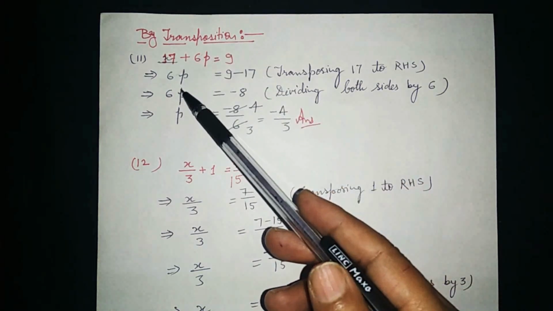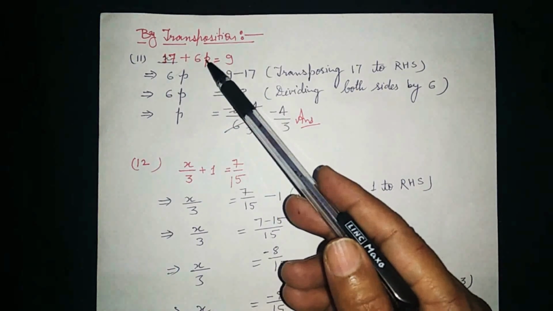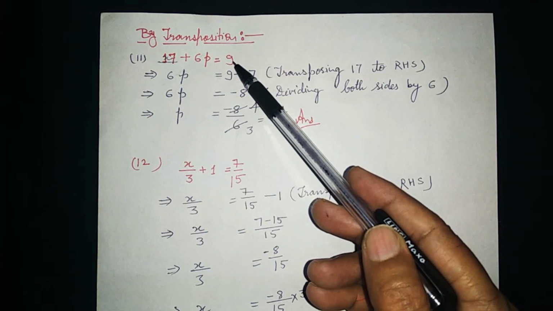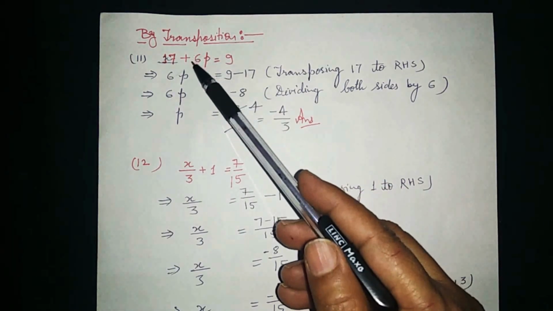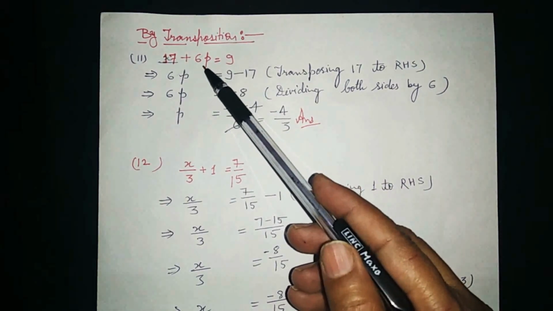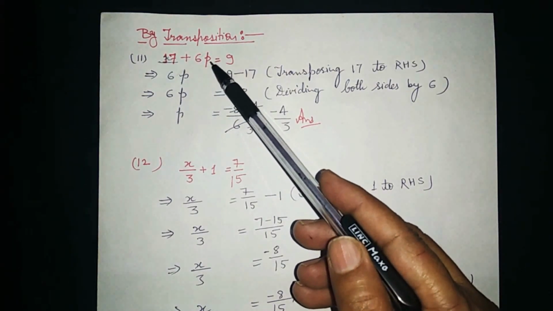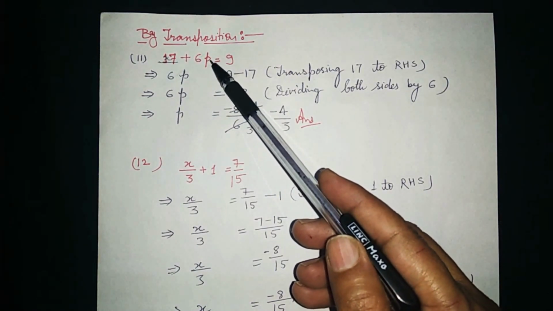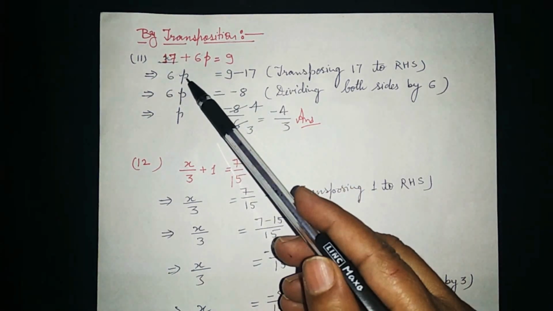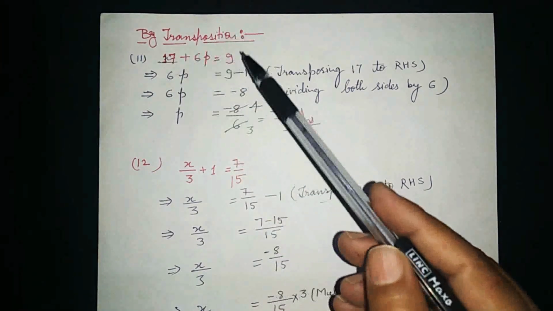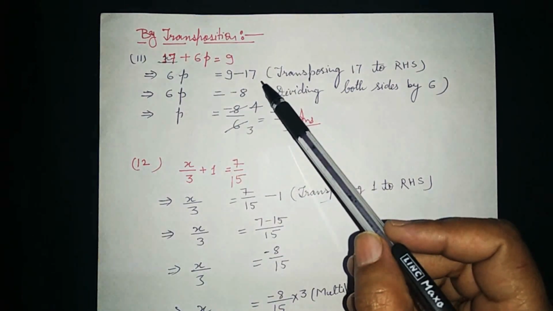Now see, 17 plus 6p equals 9. Here 6p you will not touch because here p is a variable. So 6p we will not touch, and here 17 we will shift to right hand side.